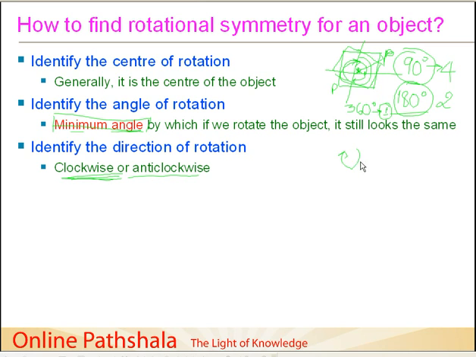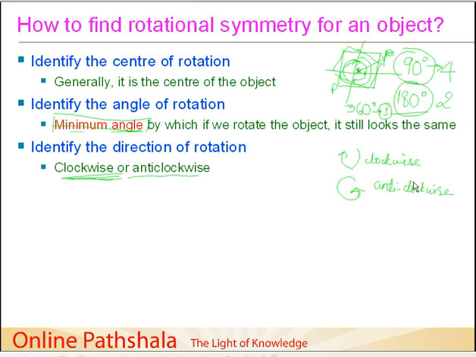We could also have taken anti-clockwise, which is the opposite direction, that is, we could have rotated it this way. So again, it's a matter of preference and you can select whatever you like. So this is the third step.